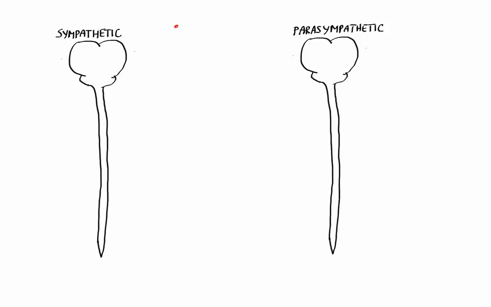First, we have cholinergic neurons, which use the neurotransmitter acetylcholine to send messages, and I'm going to use the red color to draw them. And the second, we have adrenergic neurons, which use the neurotransmitters norepinephrine and epinephrine to send messages.